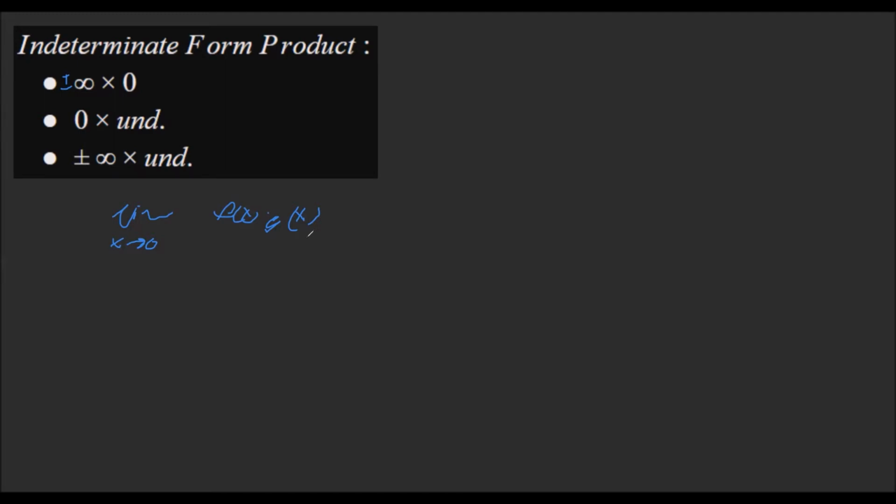To get into quotient form, you equate this to the limit as x approaches 0 of g of x over 1 over f of x. This will still be indeterminate, however, it's now in quotient form, and from here you can just find the derivative of the numerator and the derivative of the denominator. But you have to, of course, state that this fraction is indeterminate.